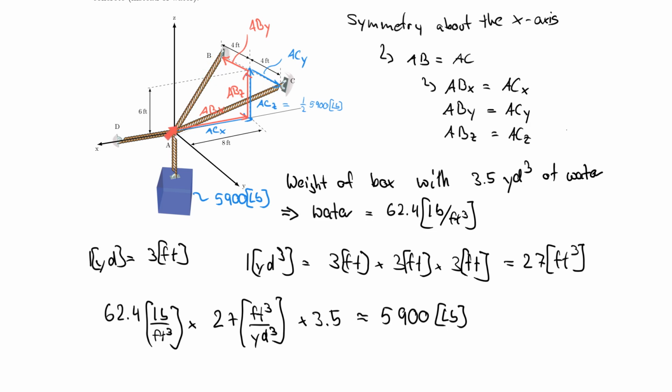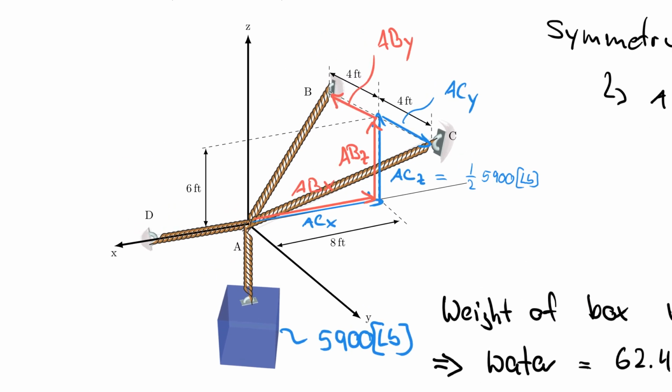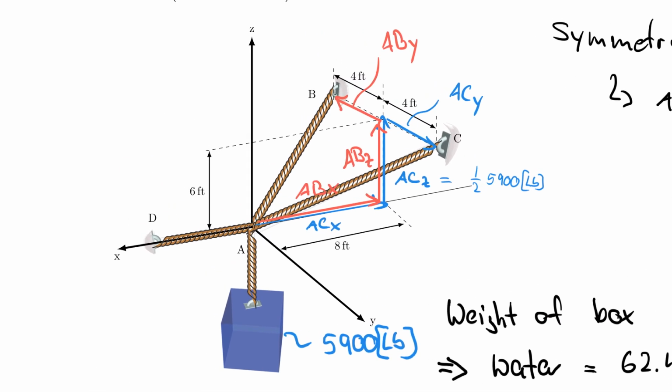So for example, the length of the cable, right, that comes to no surprise. I can calculate the length of the cable by saying that, let's use red here, so LAB is equal to, of course, AC as well, but it's equal to 6 squared plus 4 squared plus 8 squared, and then square rooted the whole thing.